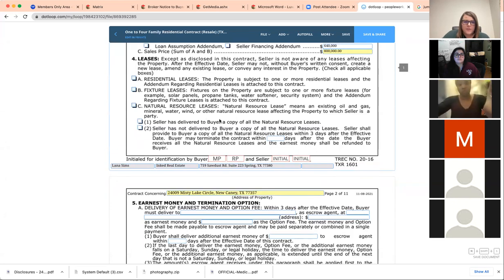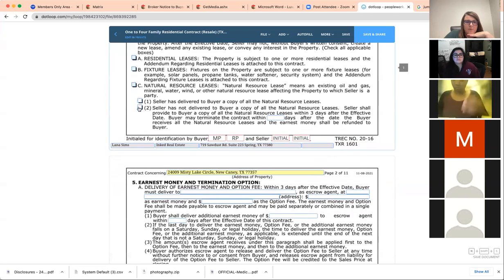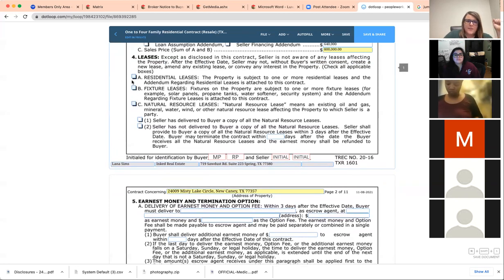And then natural resources. So if there's any existing oil and gas, mineral, water, wind, or natural resource leases, then you would check one of these off. We rarely see C. I do see A and B often.